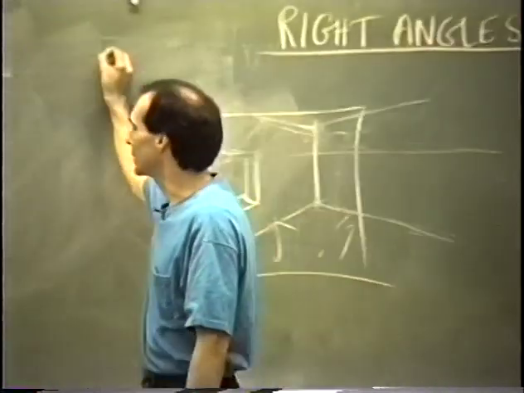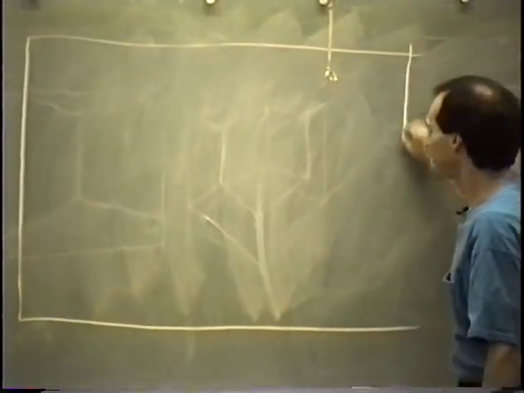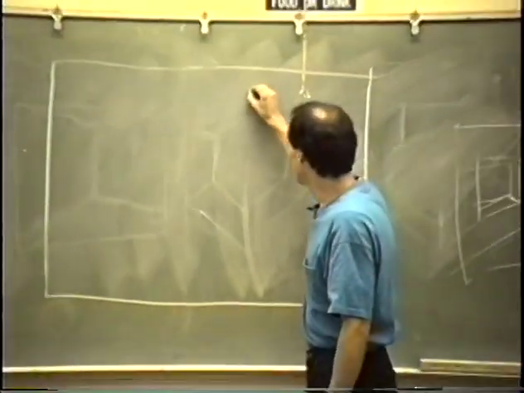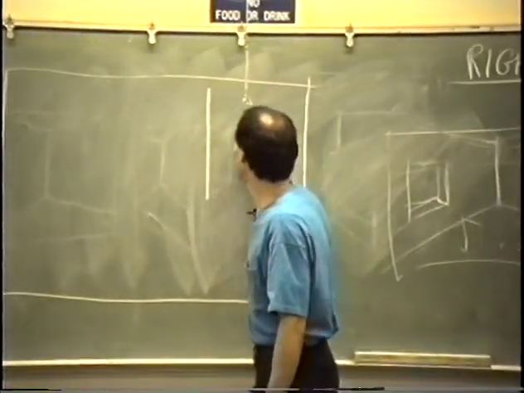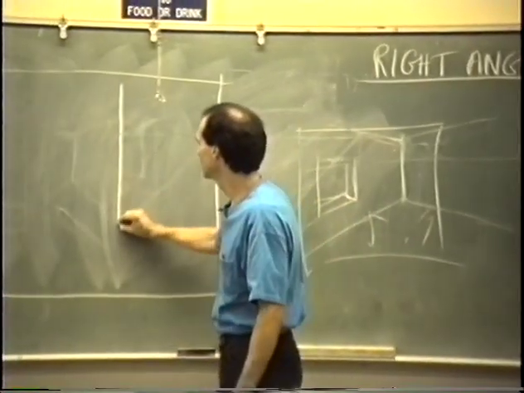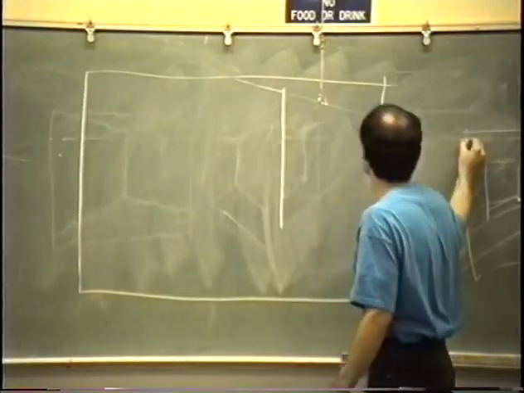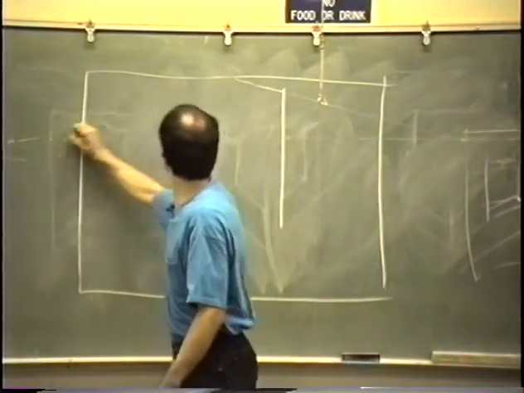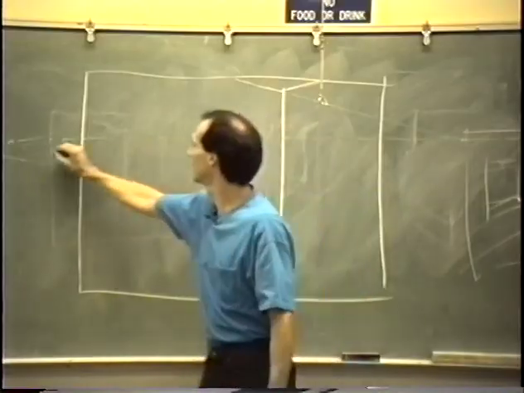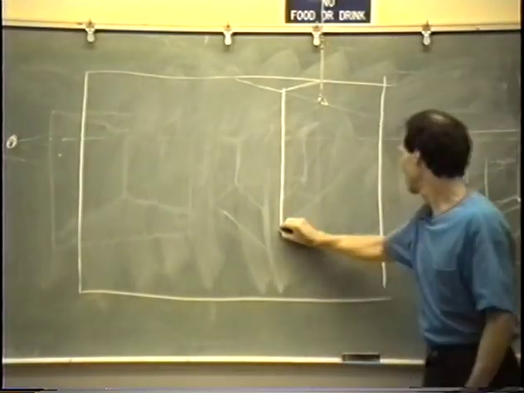Let me make this bigger and simpler so that I can carry this through a bit. Let's do a room and say that the back wall, put our eye level about here, and a vanishing point over here, and a vanishing point over here. Make those vanishing points nice and obvious.